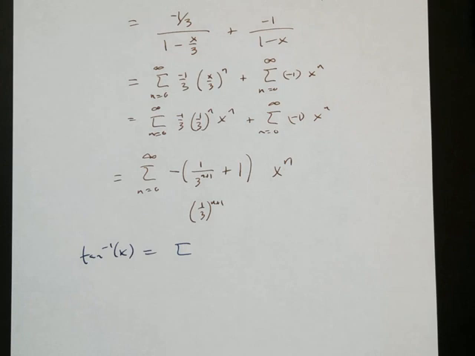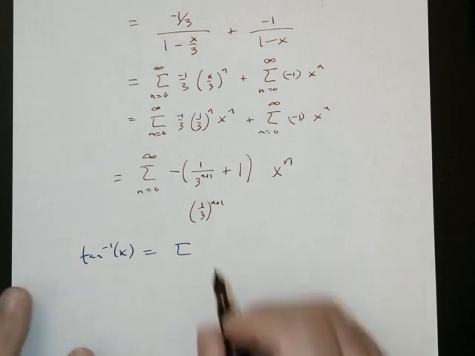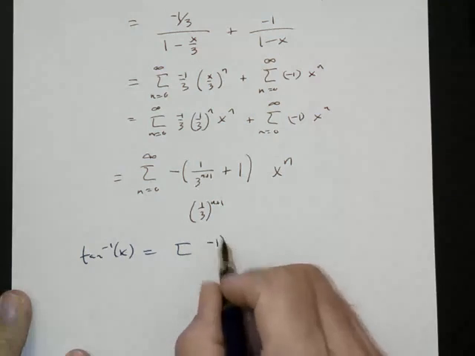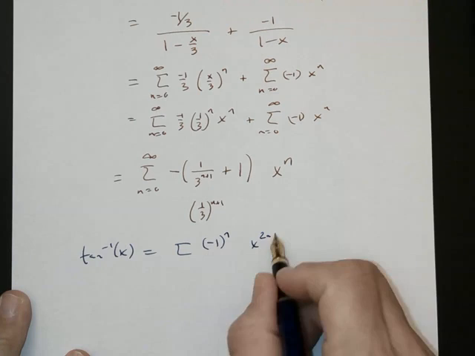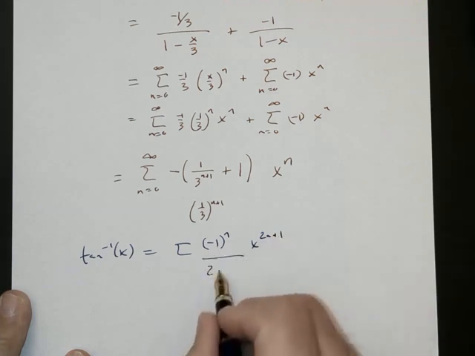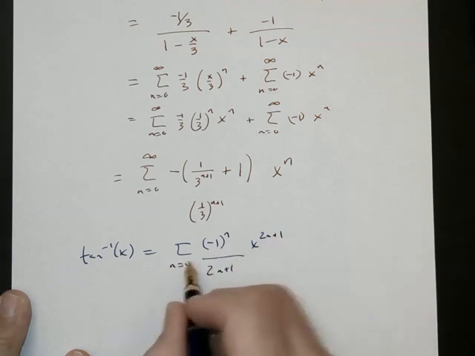I think it's 1 over 2k plus 1, x to the 2k plus 1, and then there's a minus 1 to the k in there, but I'm not 100% sure. It's -1 to the n times x to the 2n plus 1 divided by 2n plus 1. And that goes from 0 to infinity, right?